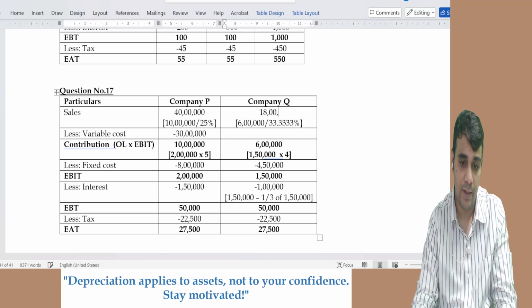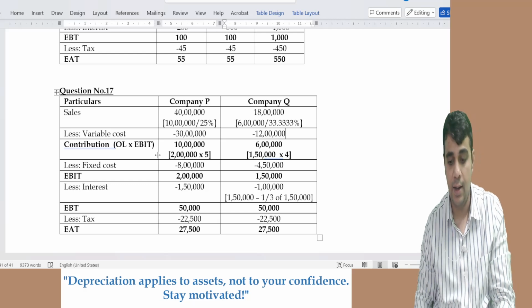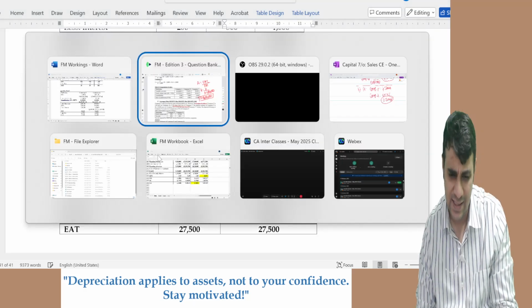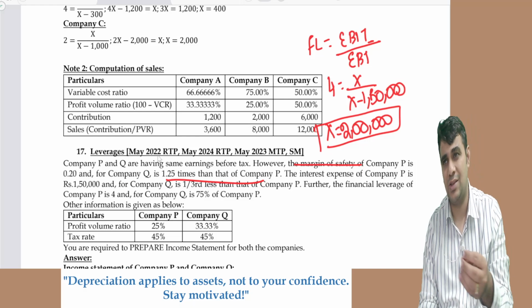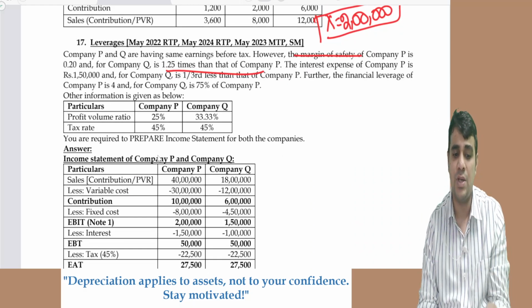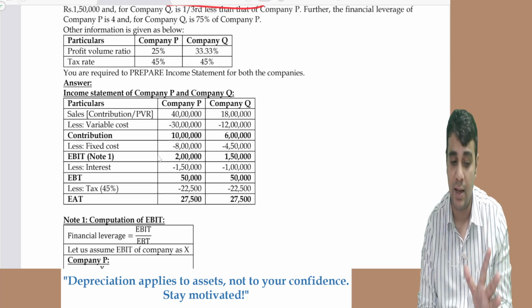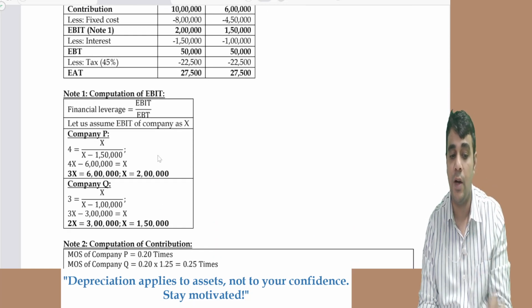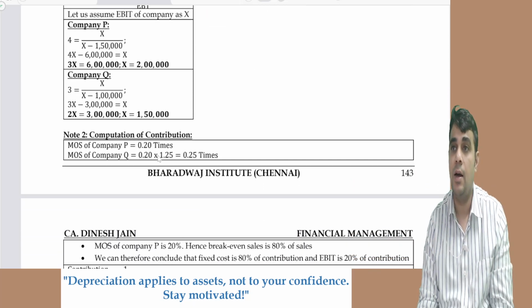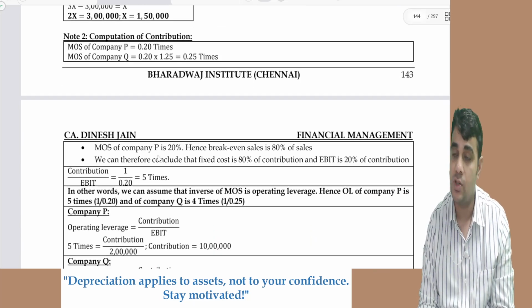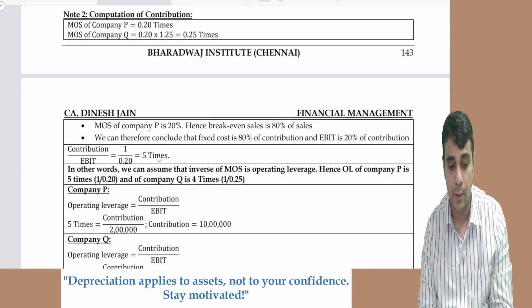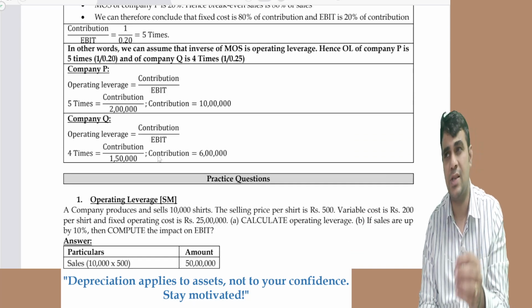You will get 18 lakh, 12 lakh. Any doubts on this? It's exactly the same as the previous question. Just for practice, that question gave all the numbers directly. Here you have to use the formula of the OL. OL is 1 divided by margin of safety. Any doubts on this? Okay, with this the chapter got over.